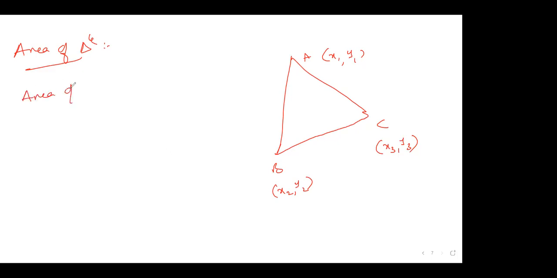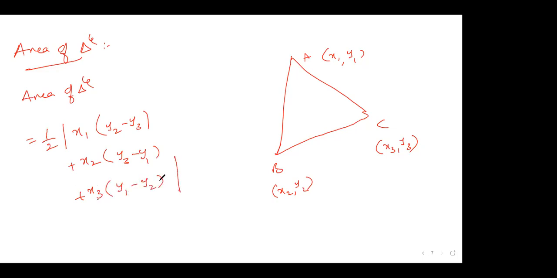Then area of triangle is equal to 1/2 into, first write x1 into (y2 minus y3), x2 into (y3 minus y1), x3 into (y1 minus y2). That's the formula.